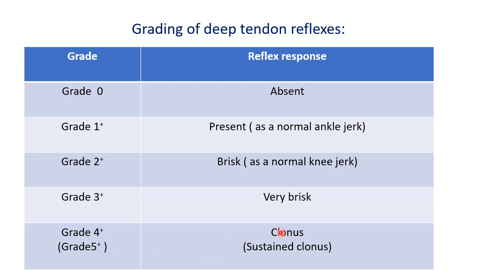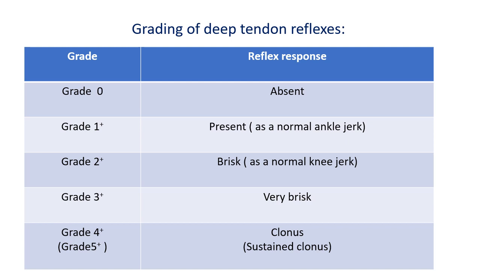They say in grade 4 the clonus is unsustained, that is, it remains for a shorter time and is not sustained for longer, while when the clonus becomes sustained, it is called grade 5+. So clonus is basically repeated jerky movements of the tendon. So it is a very brisk sort of tendon reflex.